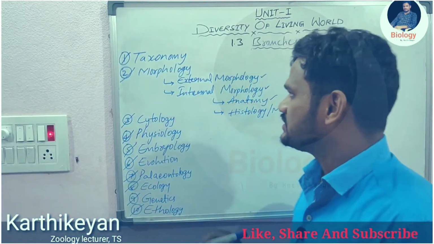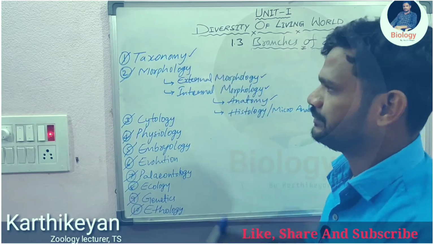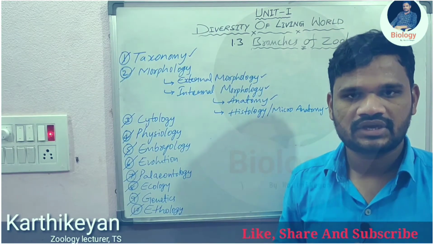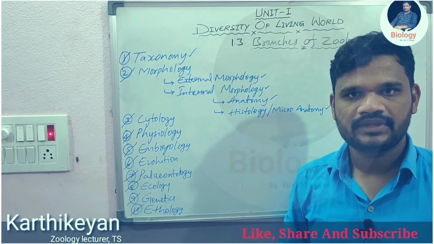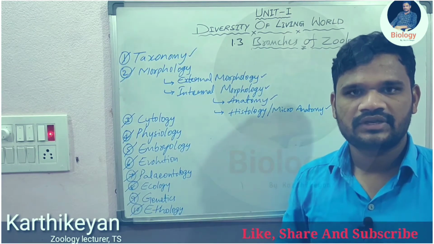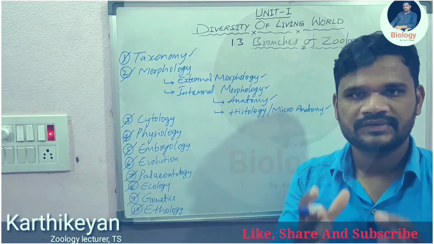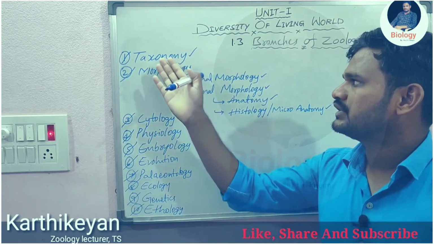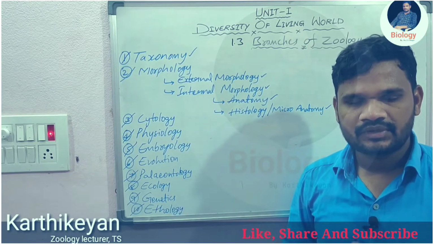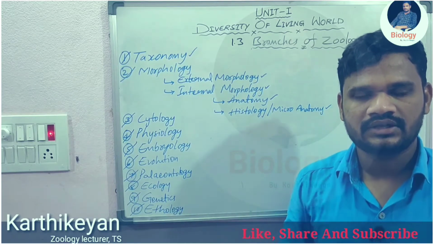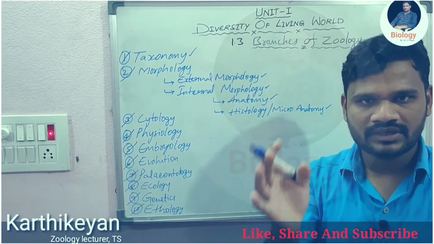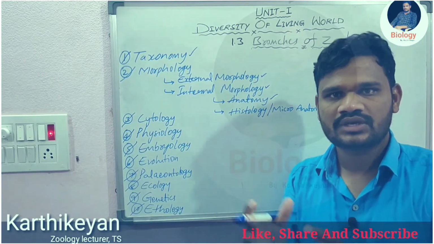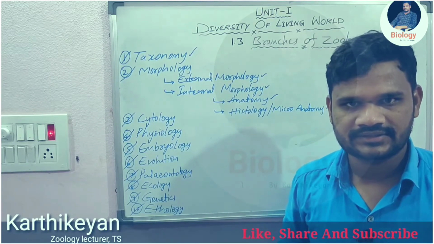Right, in this taxonomy we will study about identification of animal and nomenclature of animal and classification of animal, which means with the help of a taxonomy we can identify the organism and we can name that identified organism, as well as we can classify those organisms based on their characteristics.